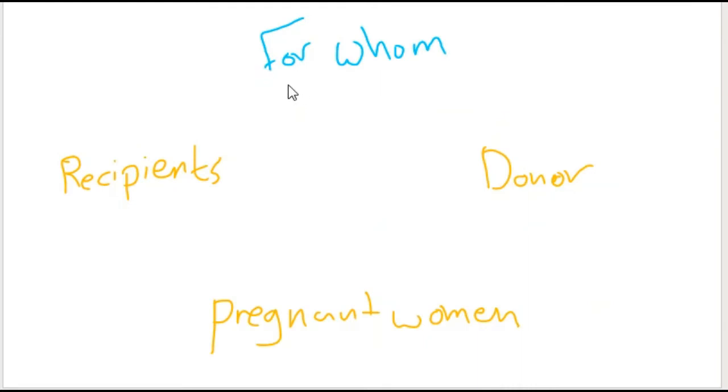Now we will talk about the importance of this test. It can be done for recipients, and also for donors. In the case of recipients, we want to detect, as we said, unexpected antibodies. At this test, we just want to know if the patient has unexpected antibodies. If the test is positive, we have to continue and do an antibody identification test to identify the specificity of these antibodies.